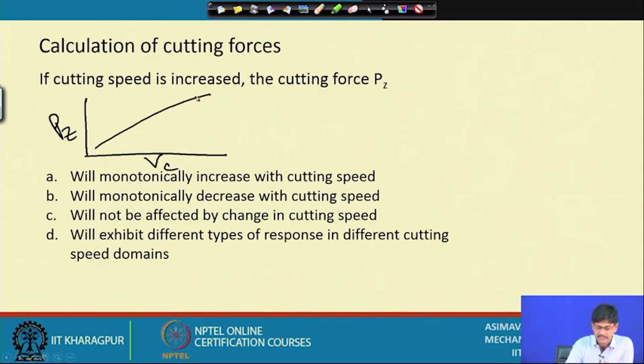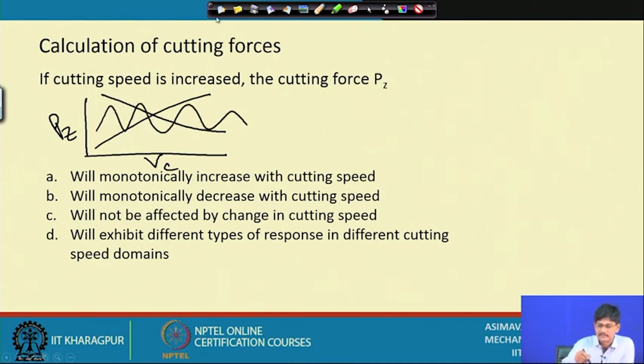The second option says no, it will be monotonically decreasing. Third, it will not be affected by change in cutting speed. Fourth, it will exhibit different types of response in different cutting speed domains. Which one is correct?